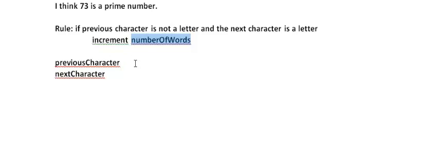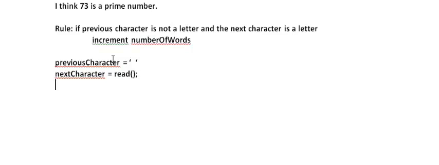So previous character should be initialized to something other than a letter, and one possibility is to make it a space. So we put a space into previous character. And next character would be equal to the character that we read from the input.